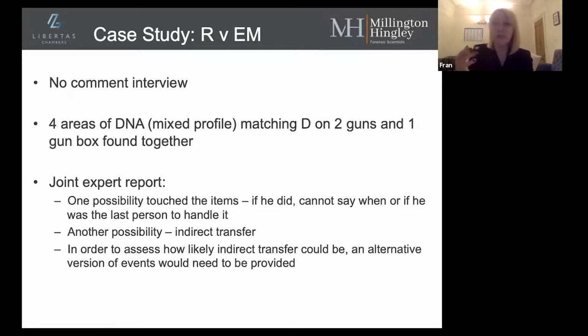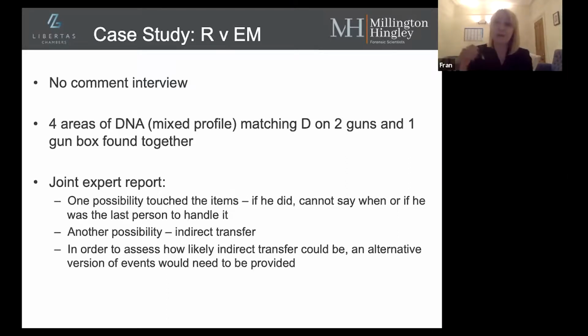There were 4 areas of his DNA, a high level, billion match, again of a mixed profile. His DNA hits were found, 2 DNA hits on different areas of a Glock, another hit on an Arenco, and 1 hit on the box that the firearms were found in.